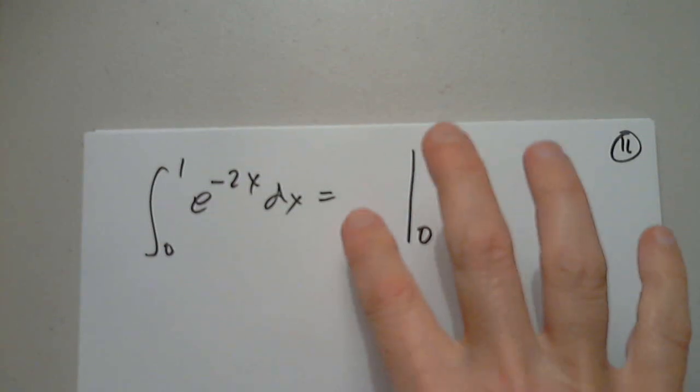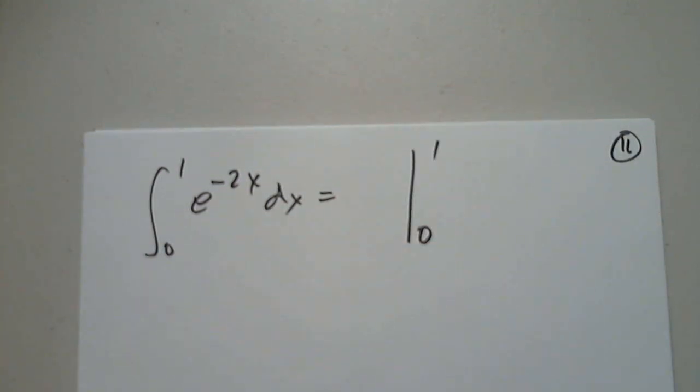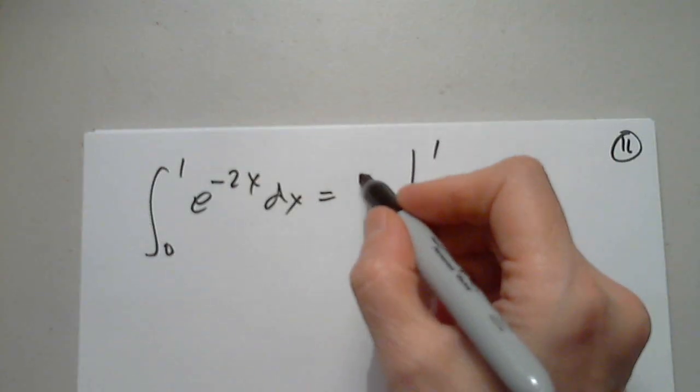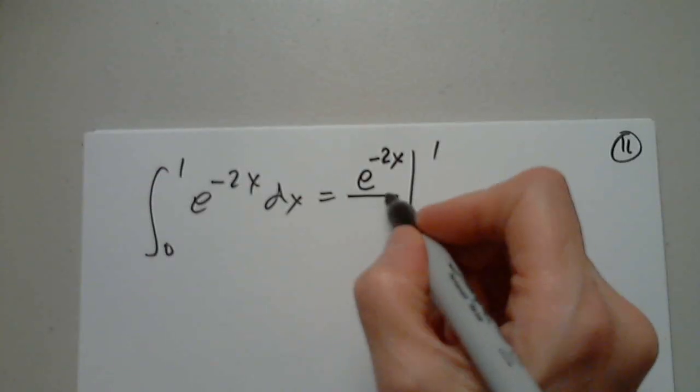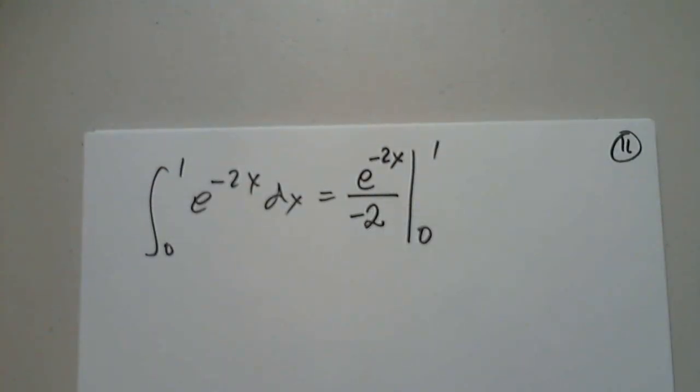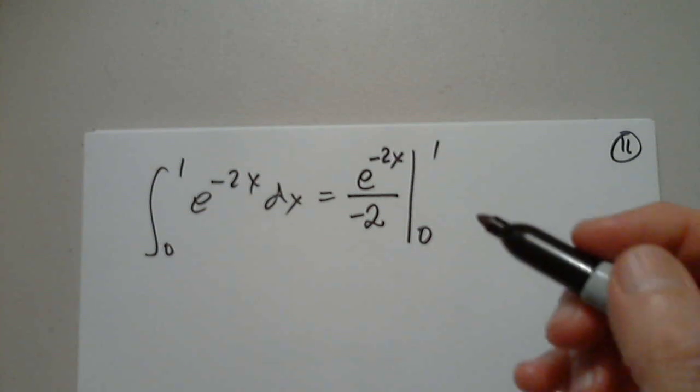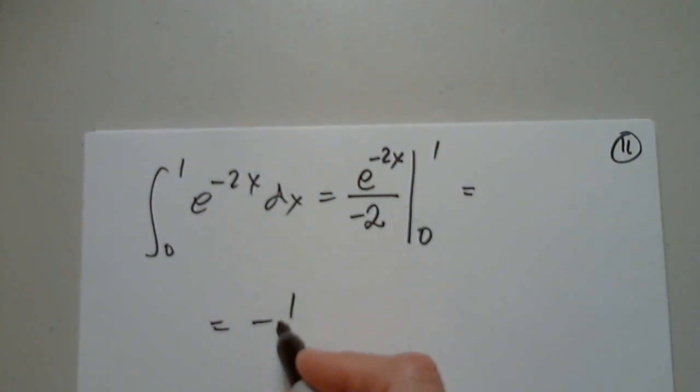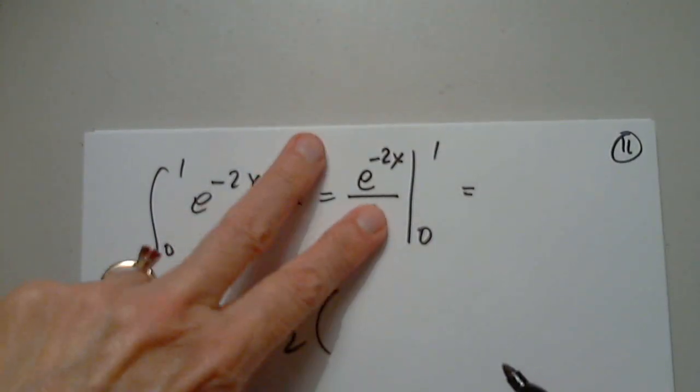Anyone remembers which function we differentiate to get this? Is it just going to be that over 2? So e to negative 2x over negative 2. Correct. So always remember, leave the constant outside.